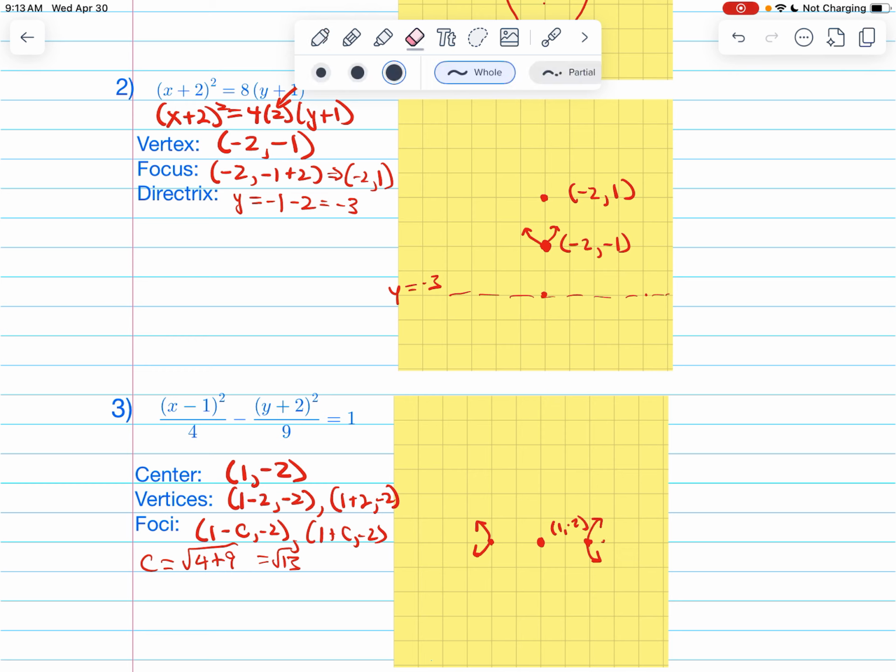So to the right, I'm going the square root of 13. The square root of 13 is a little less than 4. So I go 1, 2, 3, 4, somewhere out here.